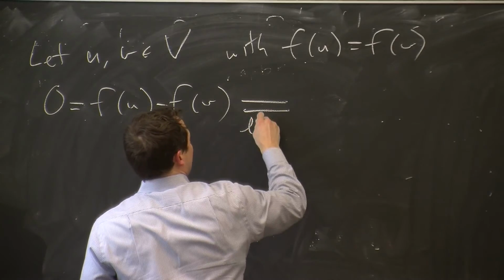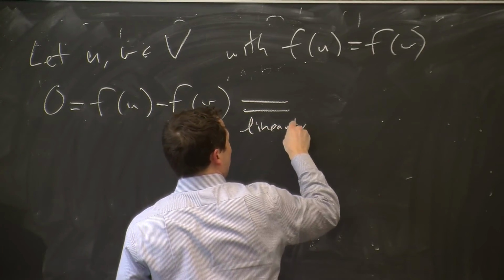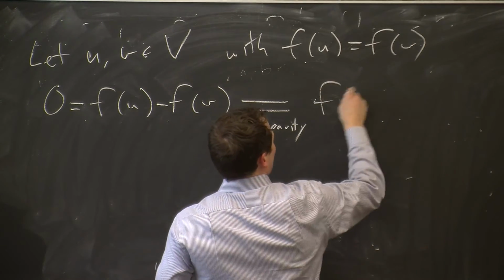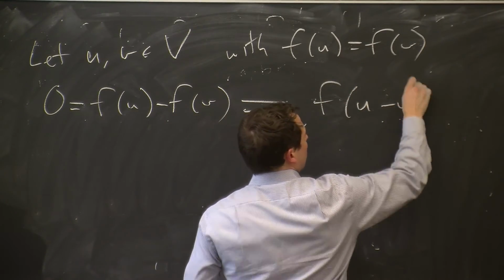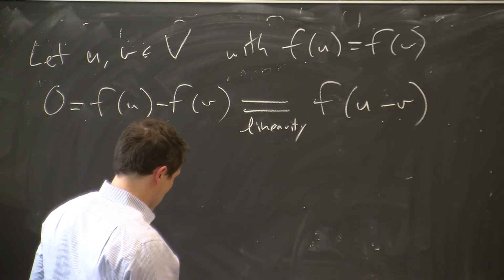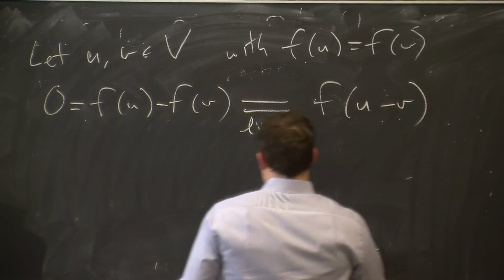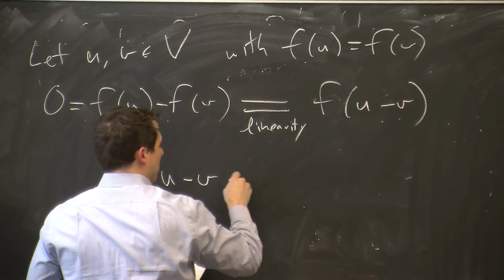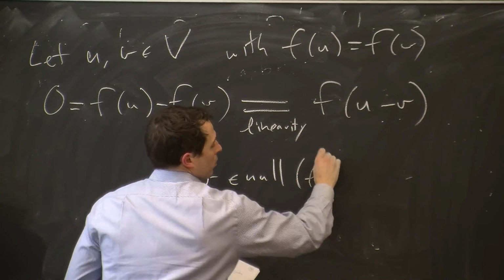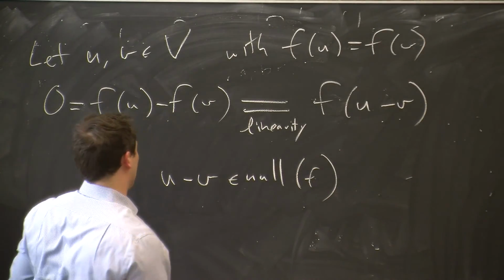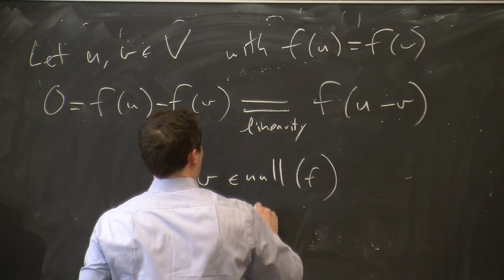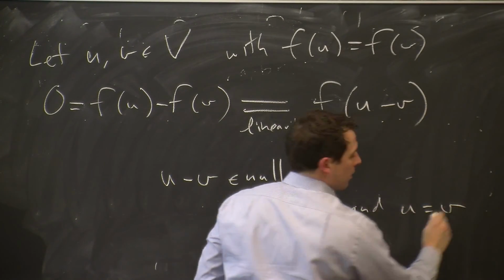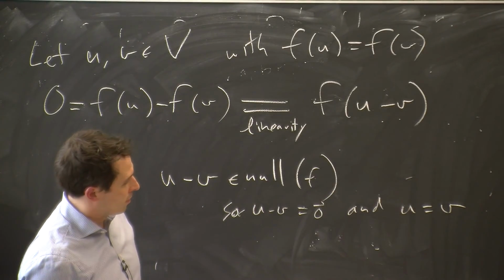And by linearity, we can use it to pull f out. That's equal to f(u minus v). That means that since f(u minus v) is equal to 0, u minus v must be in the null space of f. But there's only one thing in the null space of f, namely 0. So u minus v equals 0, and u equals v. And therefore f is injective.